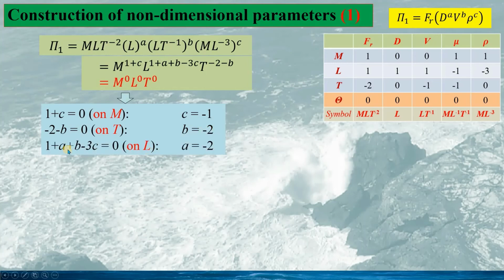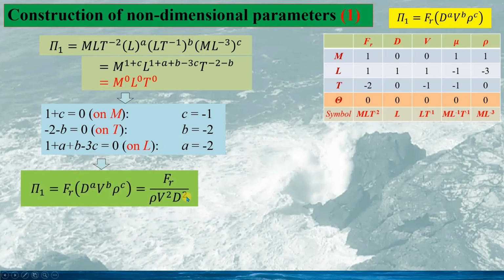And on L, we have the equation as this, and we can solve a equaling minus 2 by substituting the indices c and b into this equation. Then we can write the non-dimensional parameter pi 1 as this by substituting all the indices into the expression.